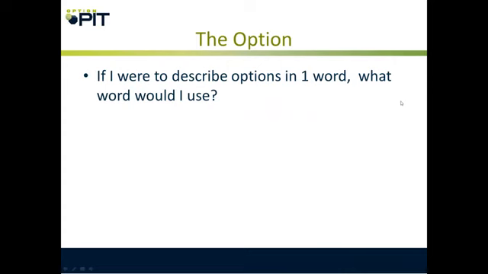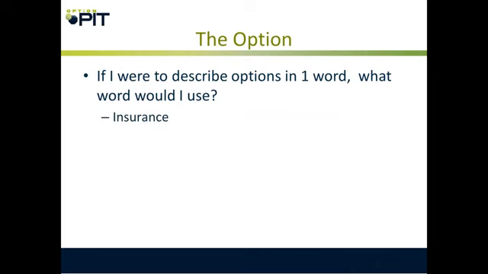Hedge, that's a technical term for what they are. Smart, yes, Lena, they are. Choice, I like that. Derivative, yes. Leveraged, I would not use leveraged. If I was going to describe options in one word, I'd use the word options. Flexibility, I like.